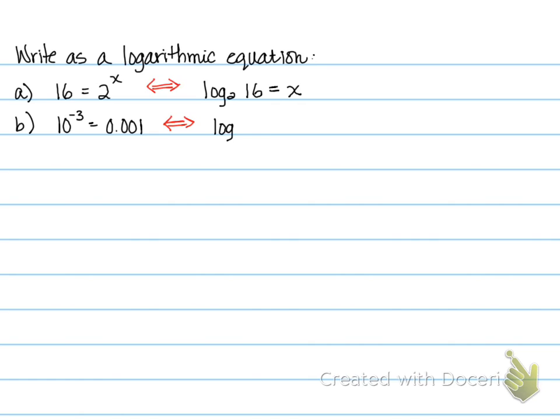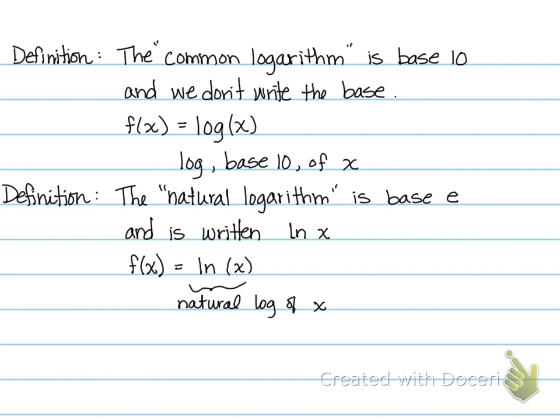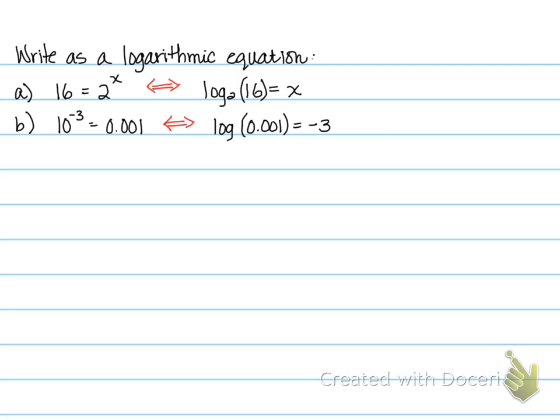What am I taking the log of? 0.001 equals negative 3. You don't have to write it in order. If remembering that the logarithm is equal to the exponent helps you, write equals negative 3 first, and then be like, oh, there's only one place left for me to put that 0.001. Why don't you put base 10? Because the common log, we don't write the base. Just like with the square root, we don't write the 2 as the index. It's just because it's the most common one.